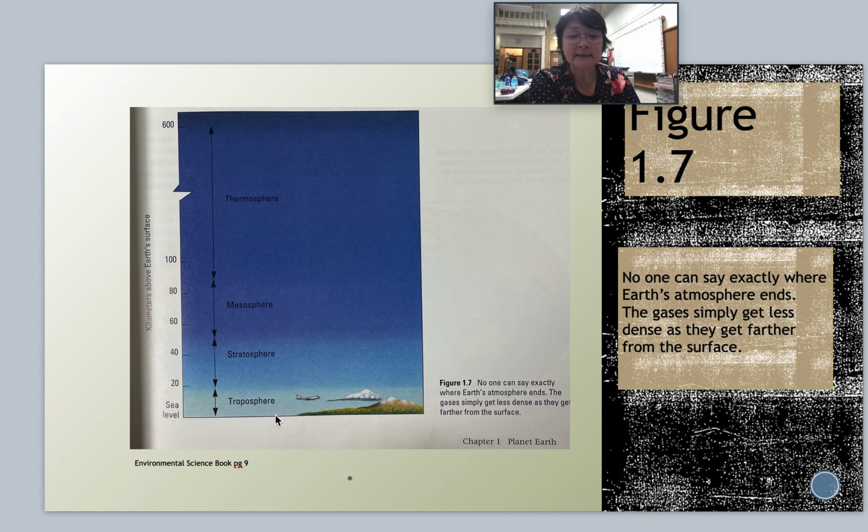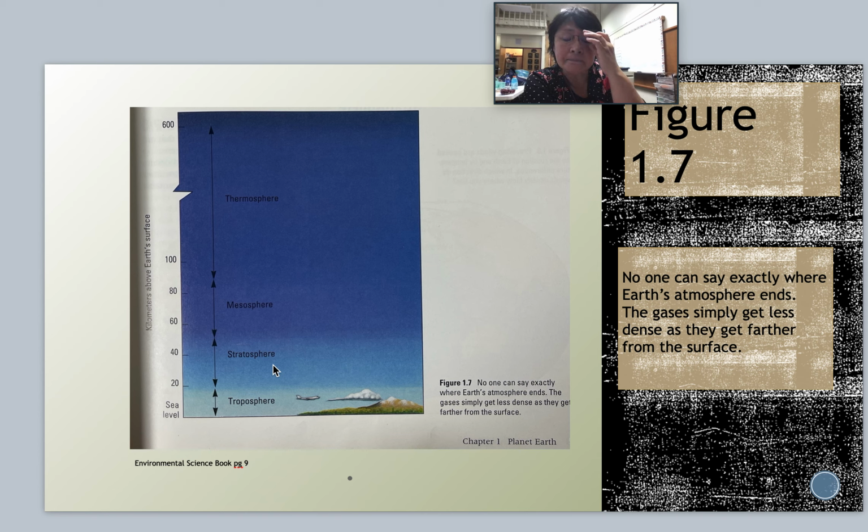So you can see here's the surface of the Earth, and right above and touching the surface of the Earth, this layer of the atmosphere is called the troposphere. Then the stratosphere is immediately above the troposphere.